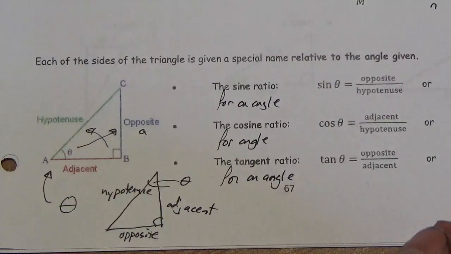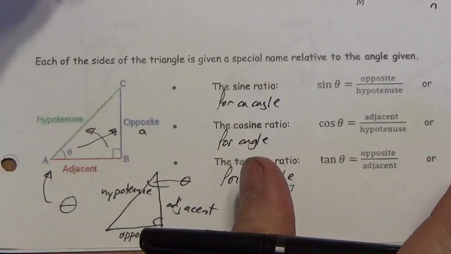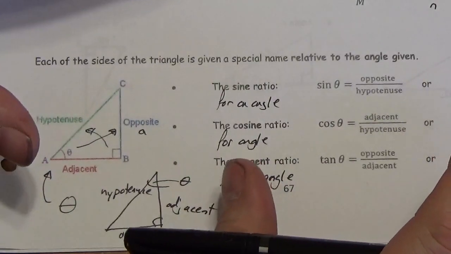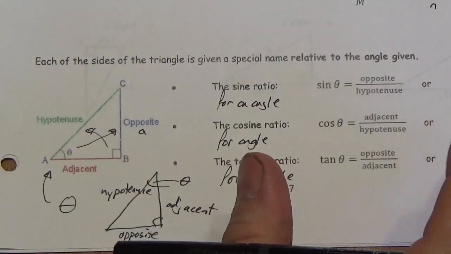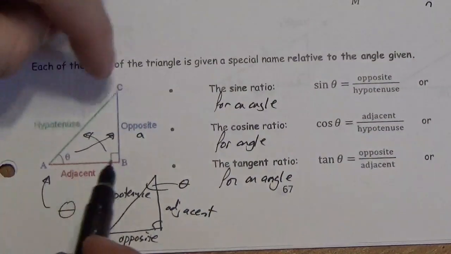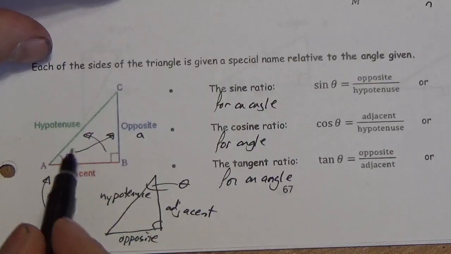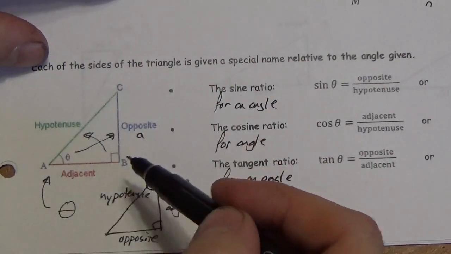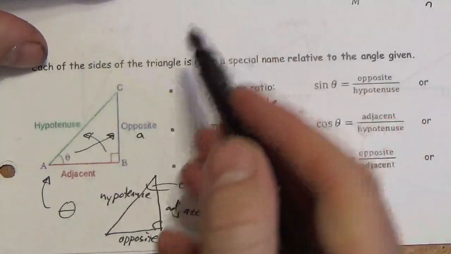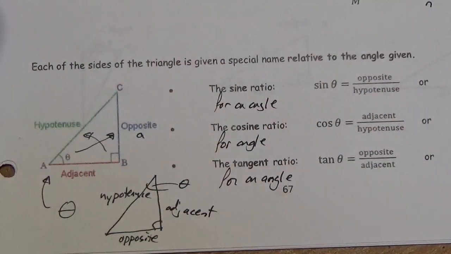Now, because I'm not going into a lot of detail on the foundations of this branch of mathematics, we're not really going into a lot of detail to explain why this all works. What I want you to do is trust me here that no matter how big the triangle is, if this angle is, let's say, 30 degrees, then the ratio you build here, the length of the opposite side divided by the hypotenuse, will always be the same ratio.